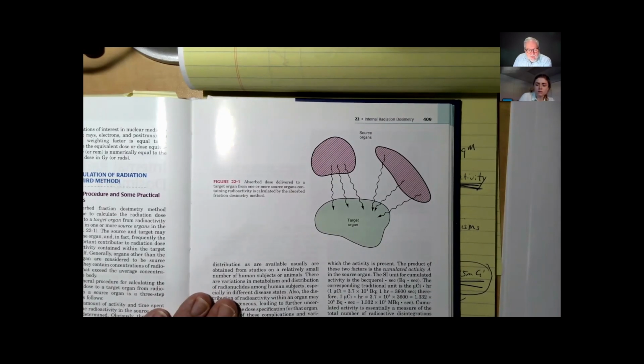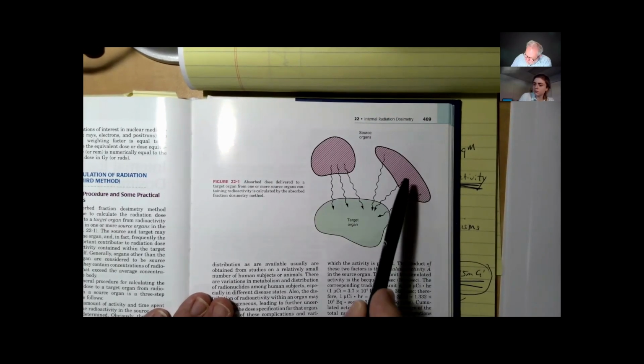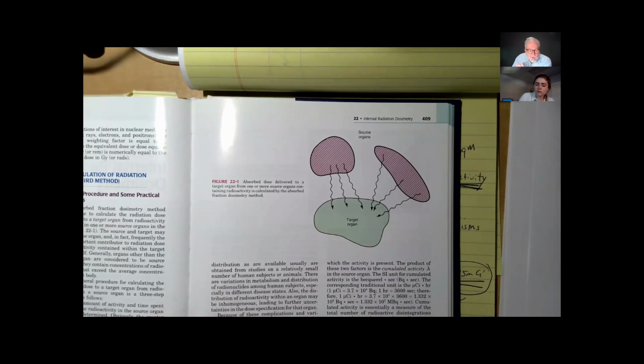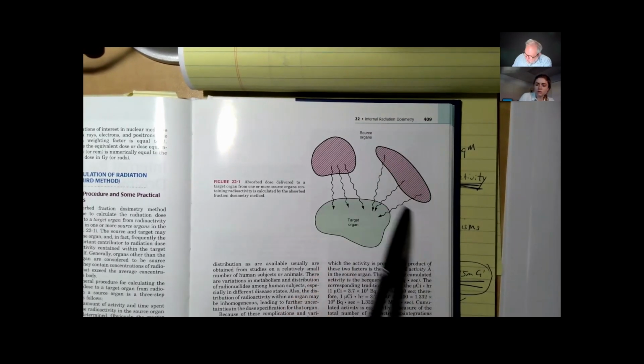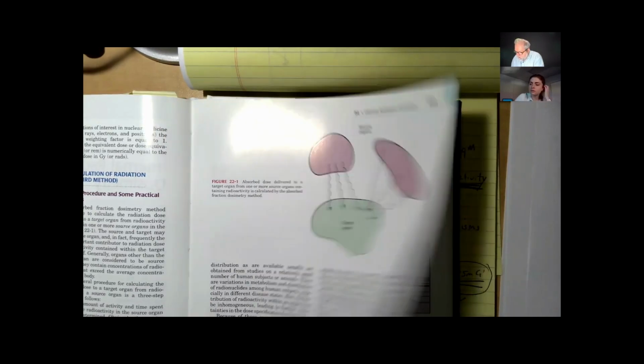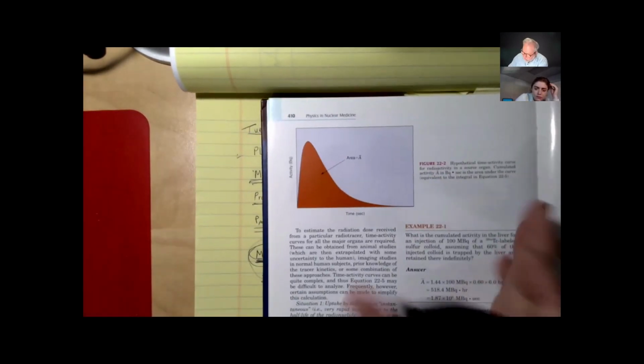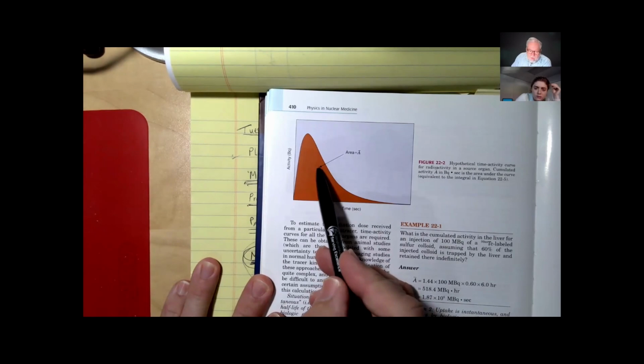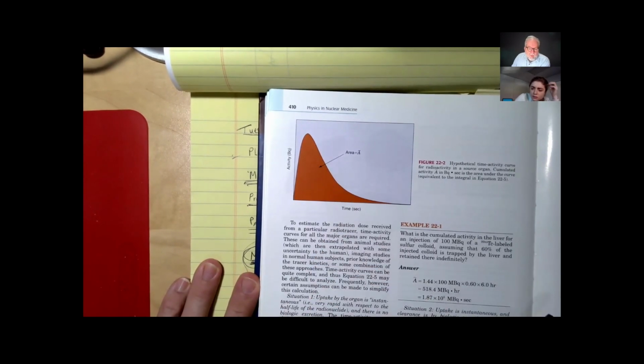So when we're trying to calculate the contribution for each of these source organs, we need to know the time history of that activity. Typically, for a particular source organ, it's going to look like this.